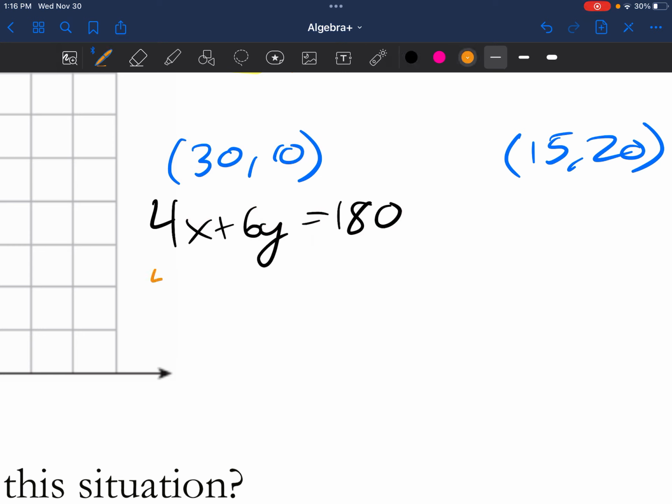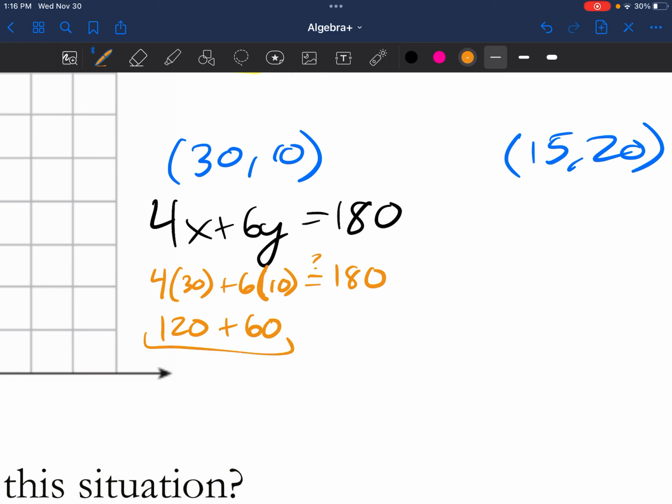So I get 4 times 30 plus 6 times 10. This is 120 plus 60, which does give me 180. Hey, guess what? It balances out. That means this is a solution. We can have 30 small tables, 10 large tables, and that will fit the 180 people.